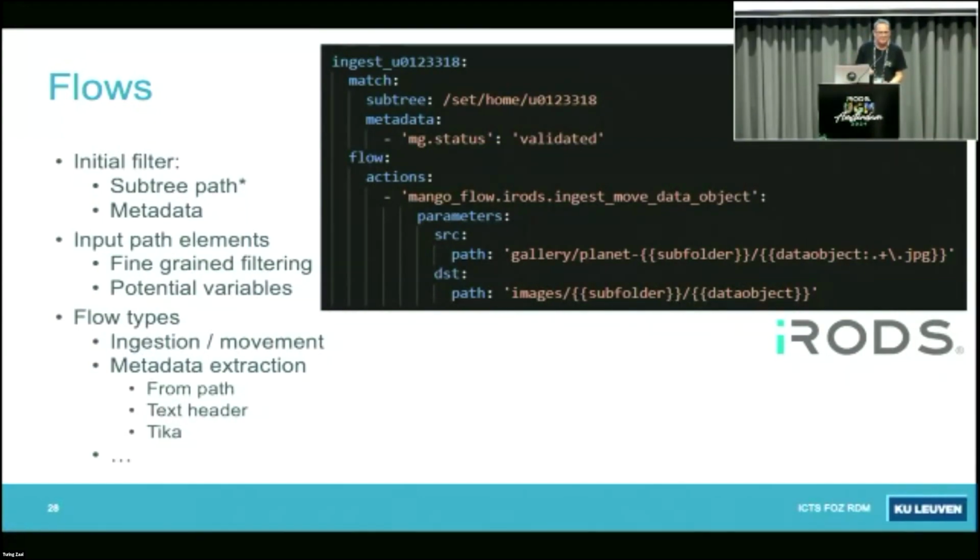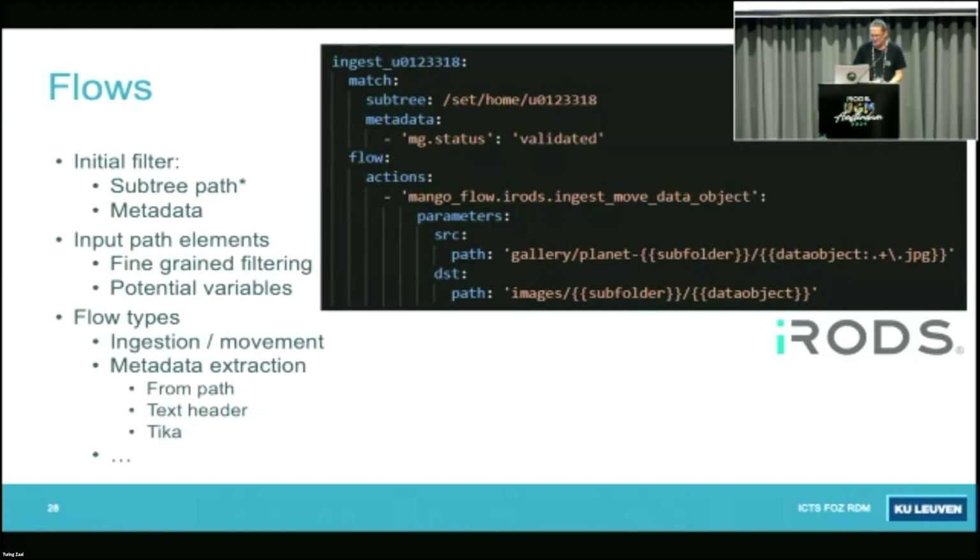For example, for ingestion and movement of data, you can pull metadata out of typically the path elements. That's what we see in our case at the university, and then reuse that to construct a new path.